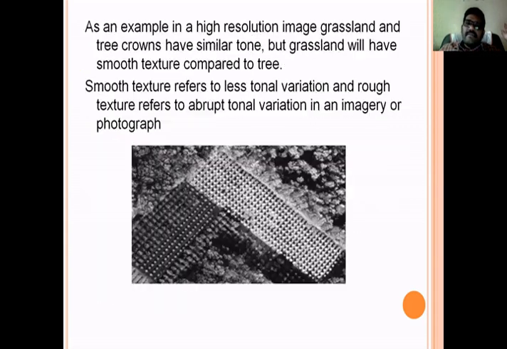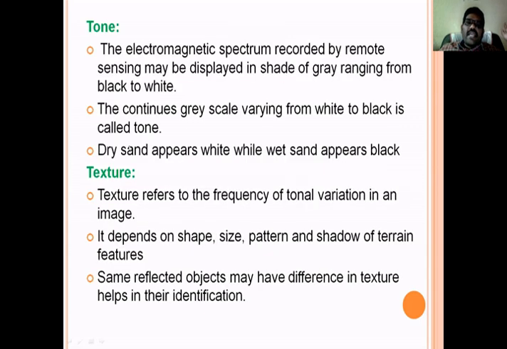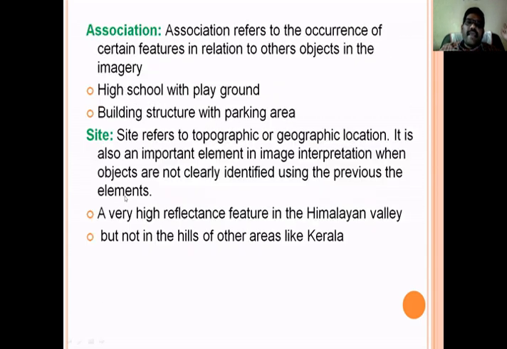Here, size, shape, shadow, tone, texture, pattern, association, site, all these are the key elements of visual image interpretation.